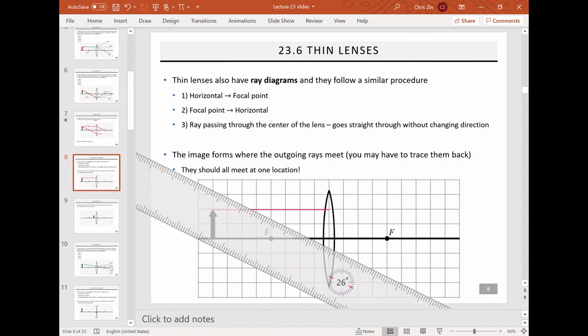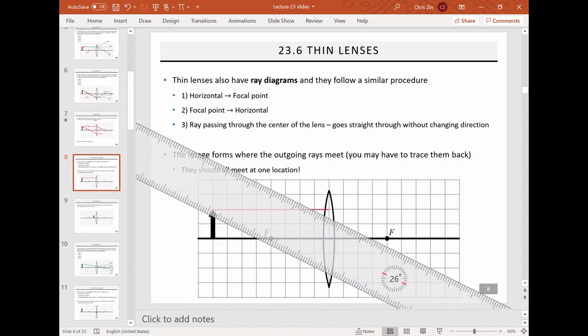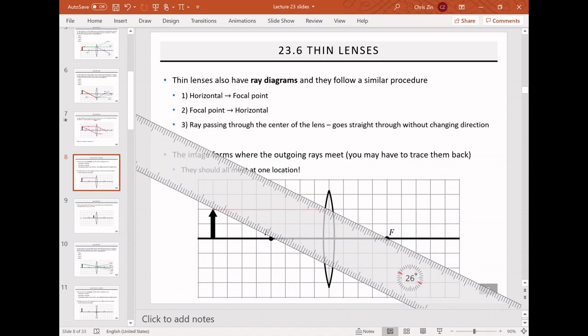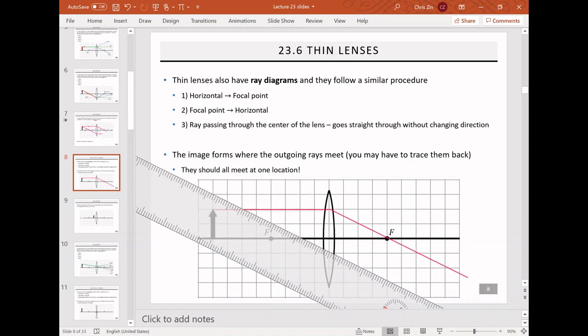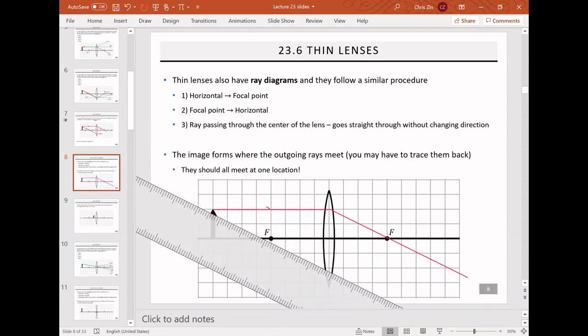Now this is a converging lens, so after that ray refracts, it will bend toward the center of the lens, and based on the definition of the focal point, it will pass through the focal point of the lens. So the first easy to draw ray is the horizontal to focal point ray.